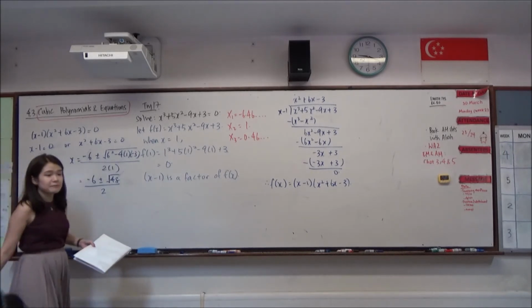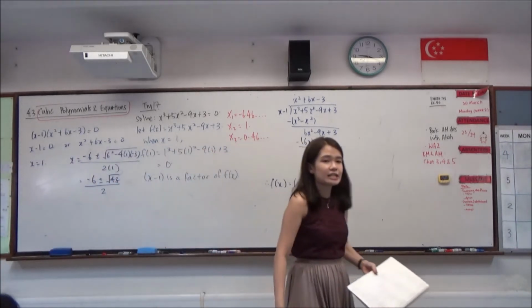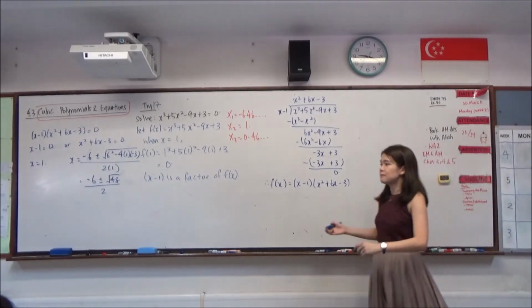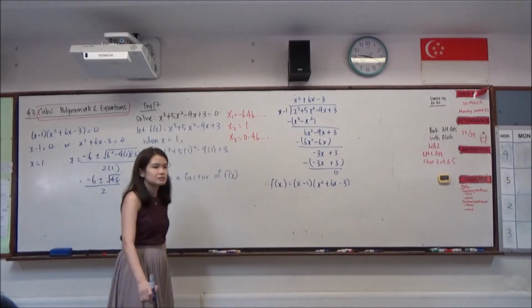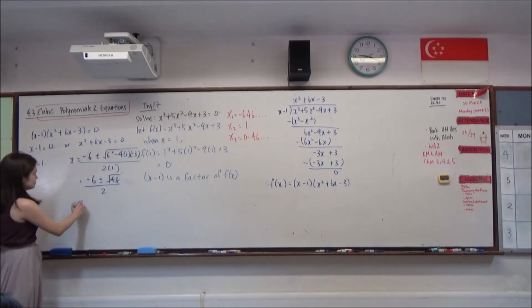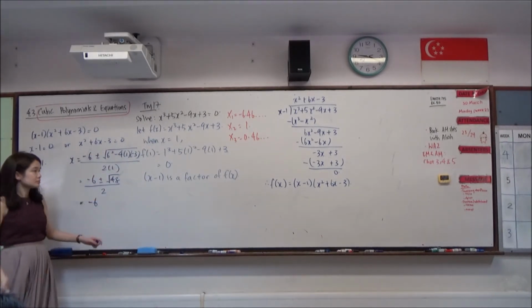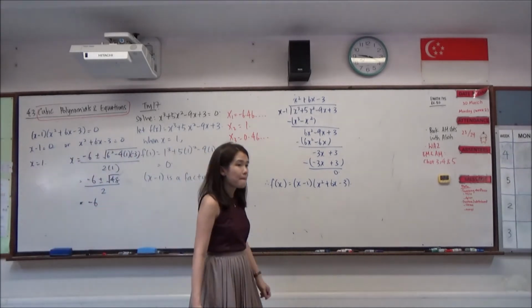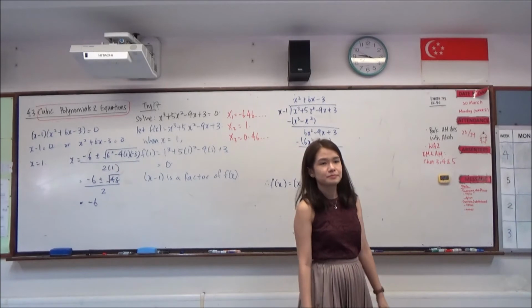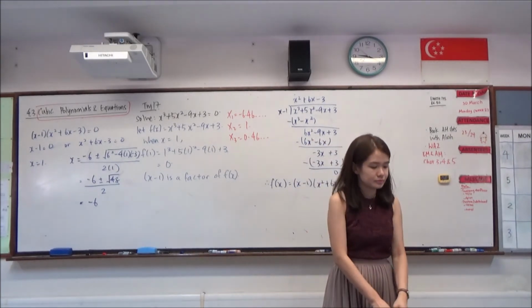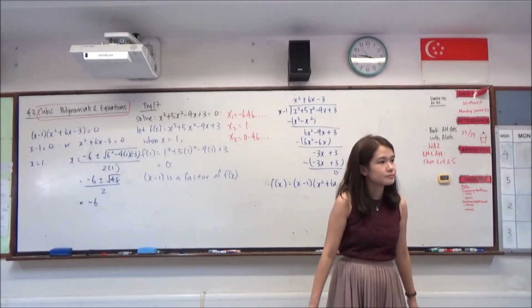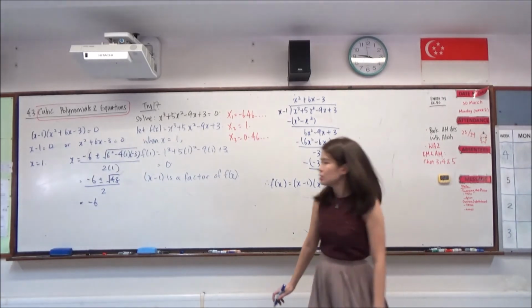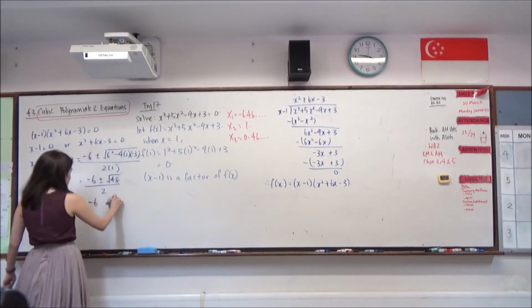Now let's practice a bit of our surds. How do we simplify square root 48? Square root 48, 48 is equals to what times what?